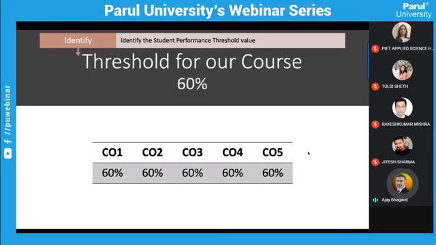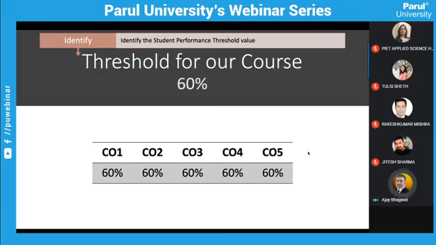Now, the next step in our process is identifying the threshold value, which we have done, and what we are doing is we are keeping it same for all the course outcomes. Advanced users of outcome-based education tend to change these values for every course outcome, but obviously that adds a lot of complexity in the analysis.